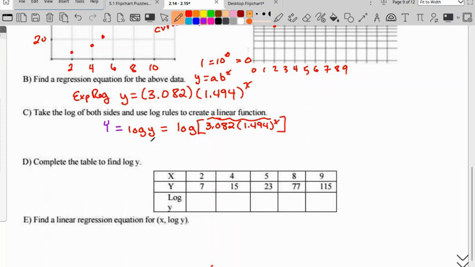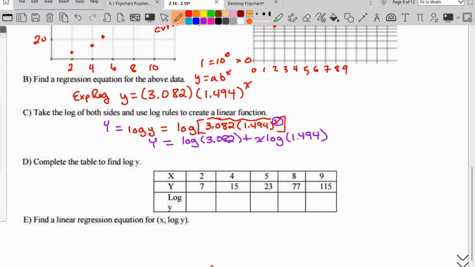So we've got capital Y equals, the log of a product can be written as the sum of logs, right? So that could be written as log of 3.082, which could be our constant, plus, if we have an exponential, what can we do with it? Bring it out front, so that could be x times the log of 1.494.